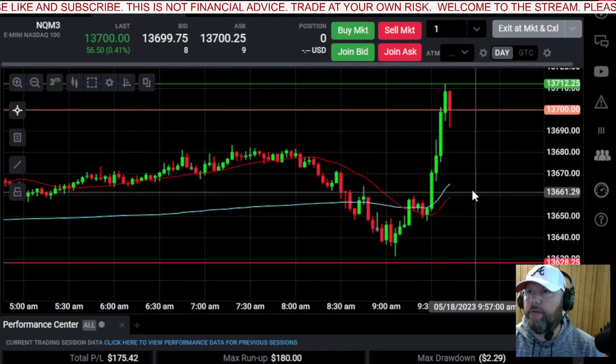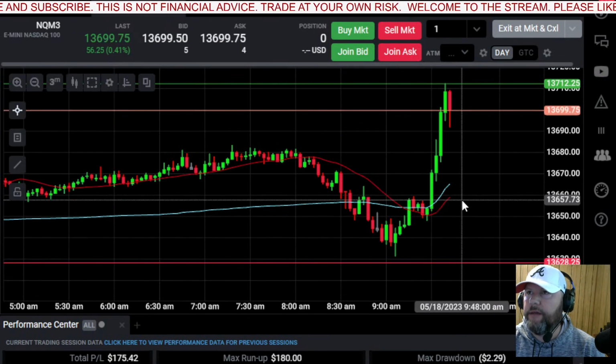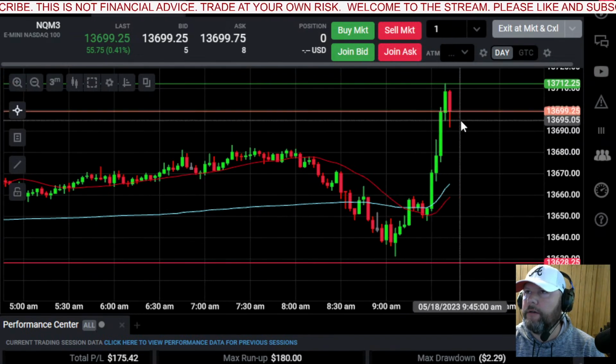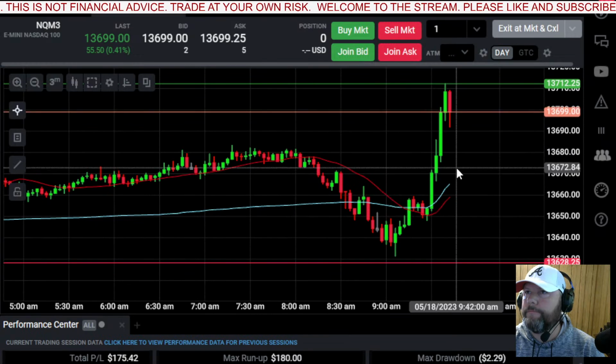Nasdaq's really a good ways away from this VWAP and SMA. Traded back into this fair value gap here and then moved kind of back up.